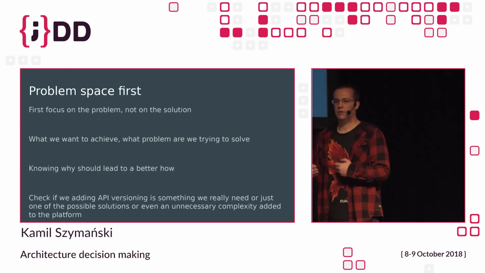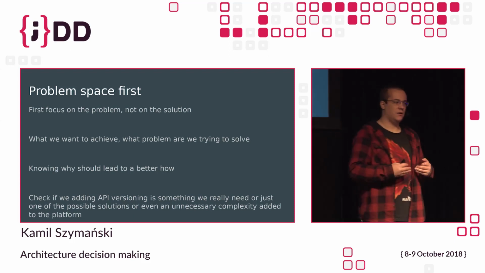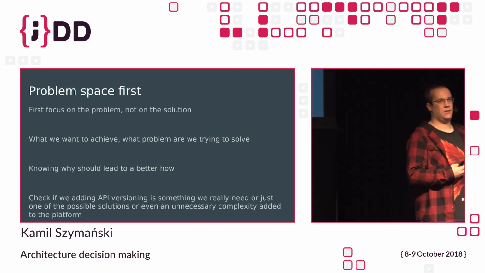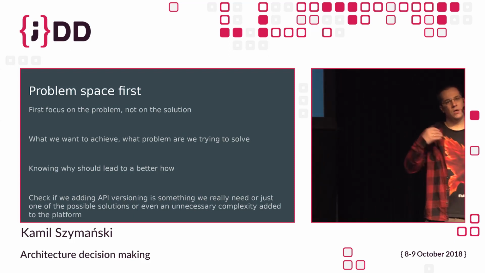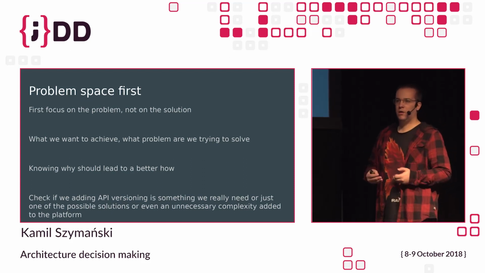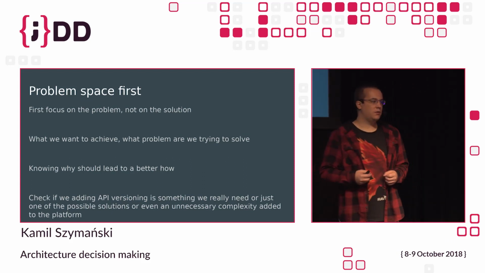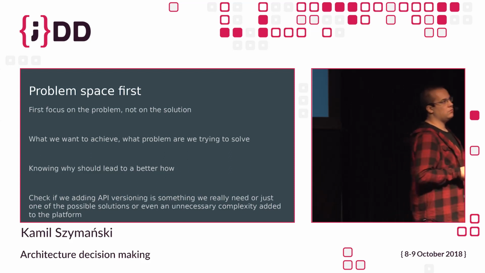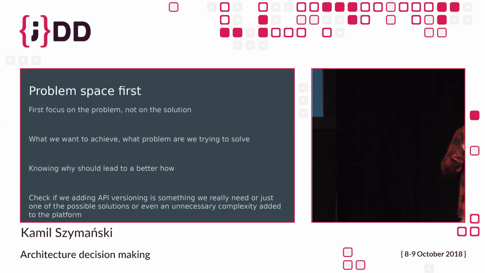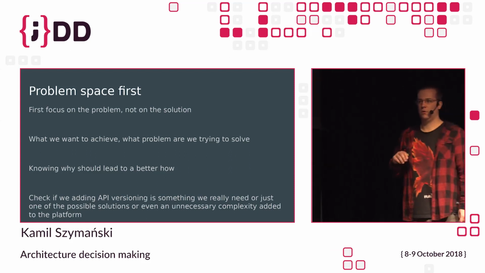It's not only because knowing the problem at hand will lead to a better solution, because we'll make a more informed decision. It's also because we need to check whether we really need to apply any solution.